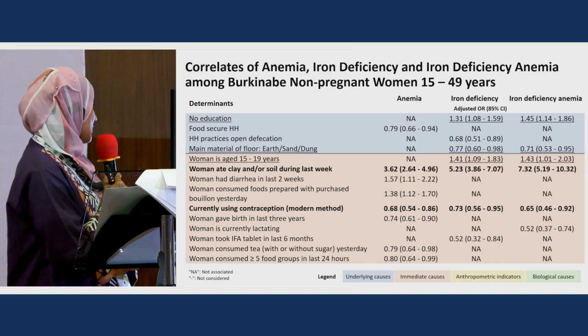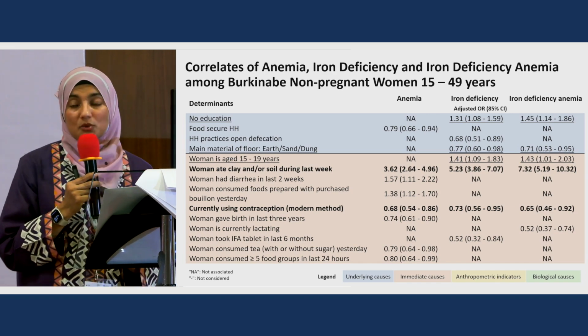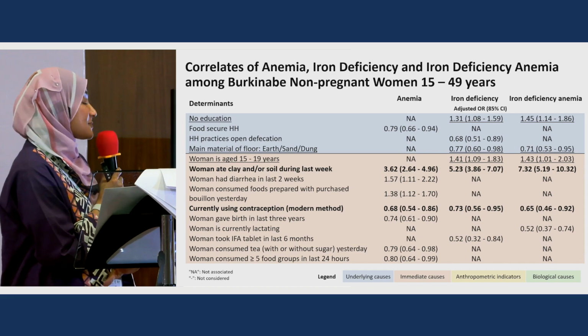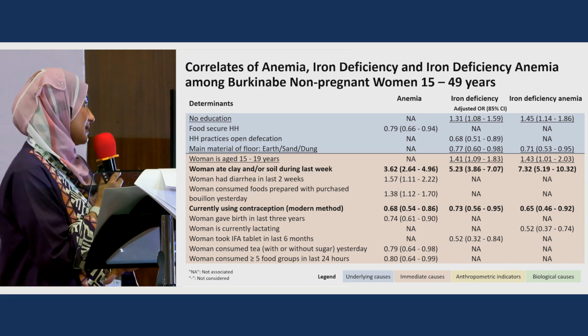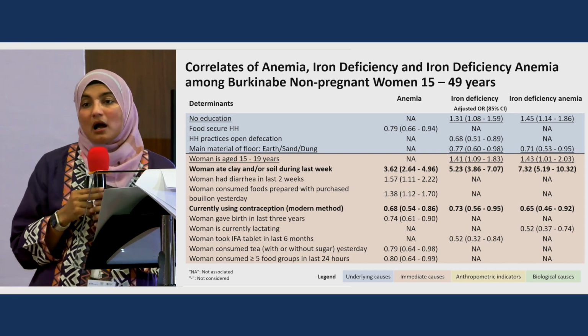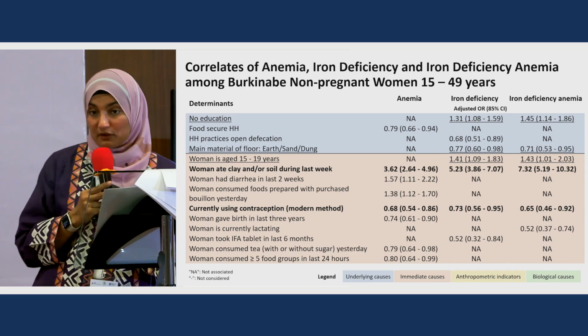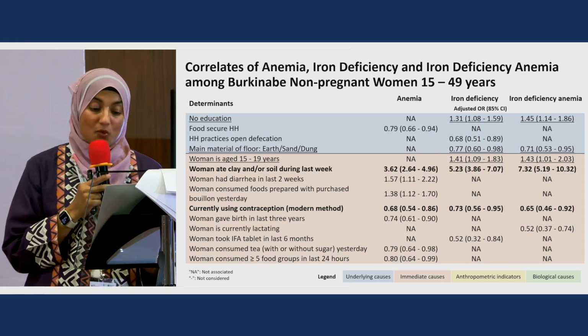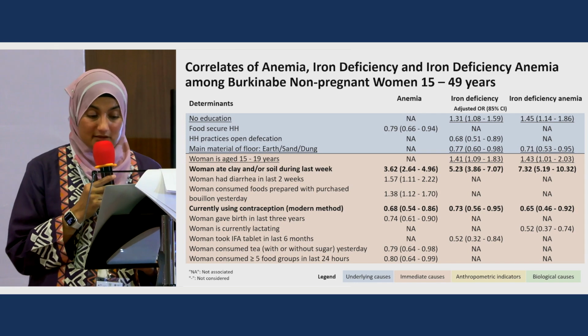of flooring being earth, sand, or dung compared to a finished flooring was protective against iron deficiency and iron deficiency anemia. And we believe that this again speaks to a higher infection burden, which is causing the body to sequester iron and leading to high serum ferritin levels in the blood.